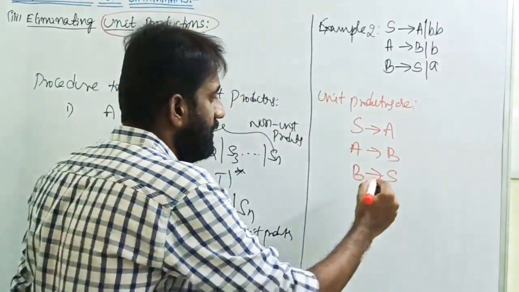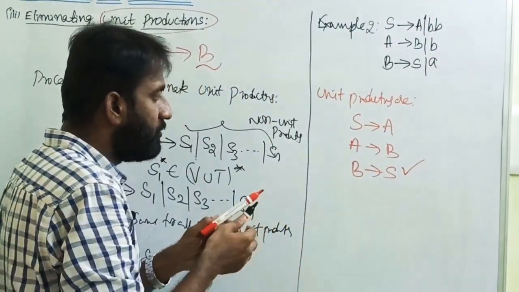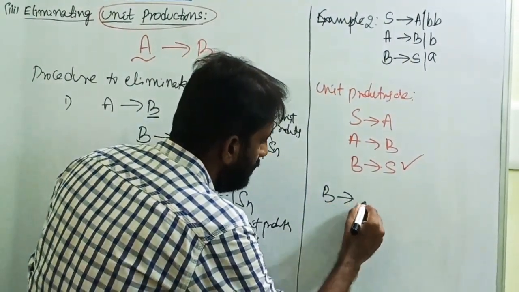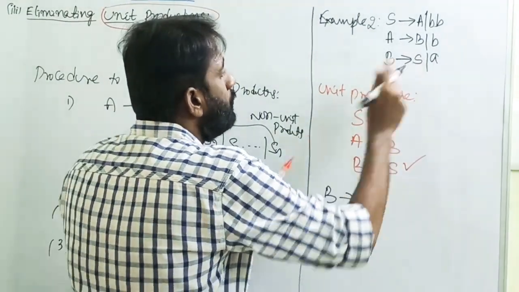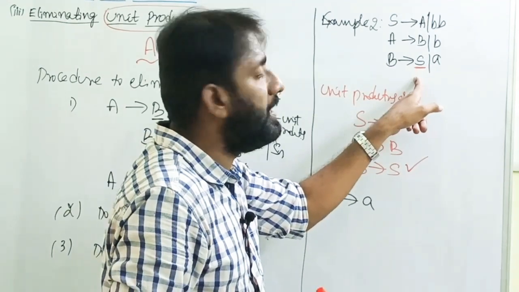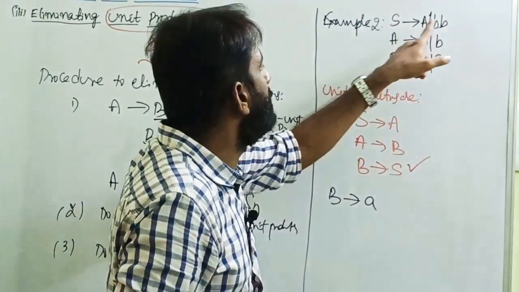First take this one, B tends to S. So B tends to A. Now I am going to remove S from the production because it is a unit production, so you add S's non-unit productions. What are S's non-unit productions?